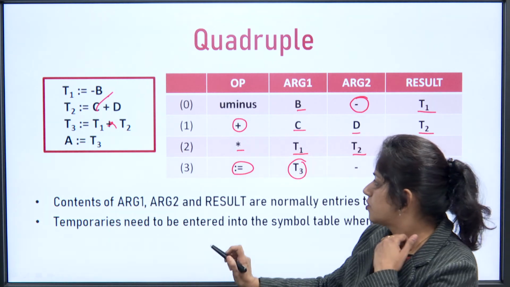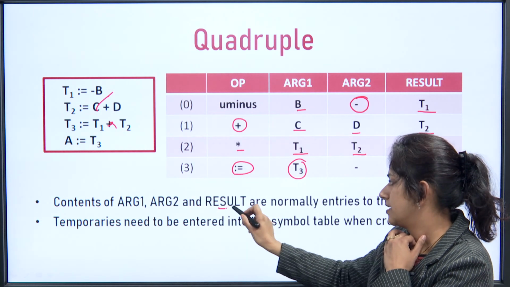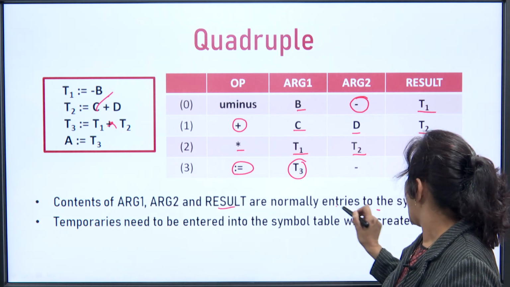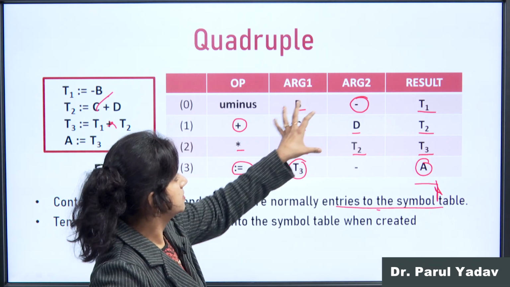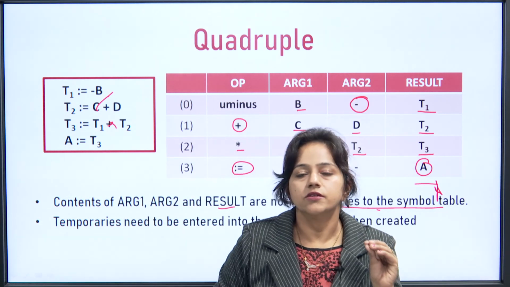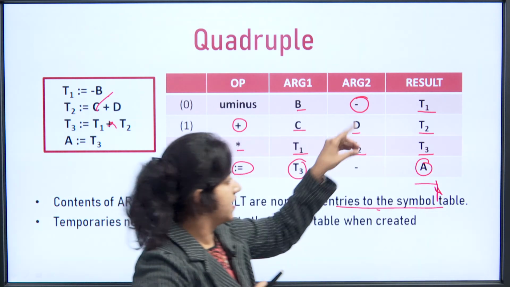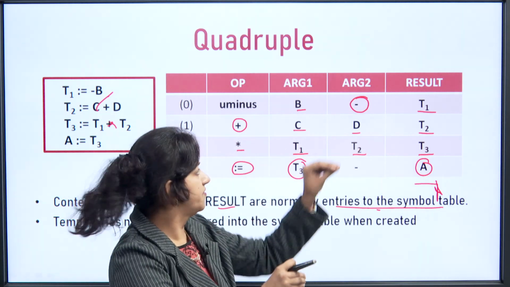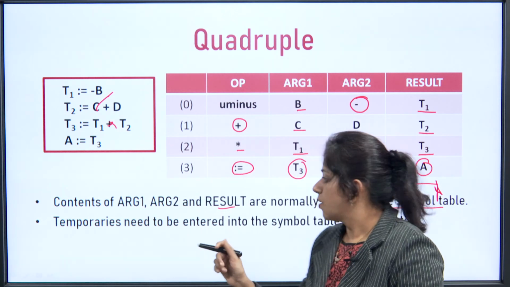Now, the contents of argument 1, argument 2 and result are actually entries to the symbol table. Here we are writing the pointer to the entry in the symbol table for that particular variable.